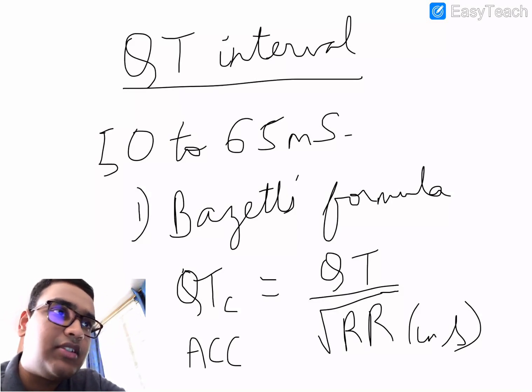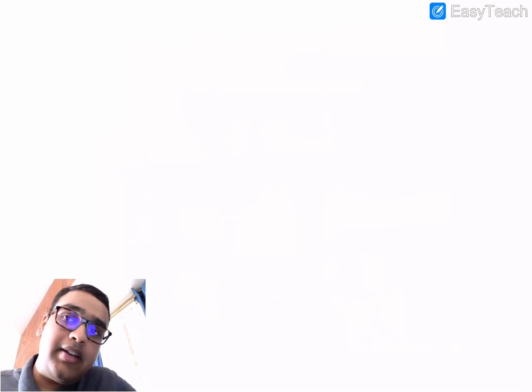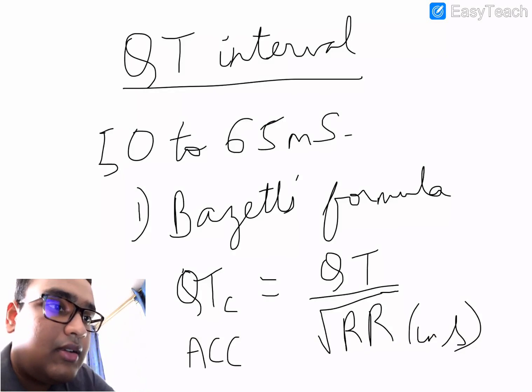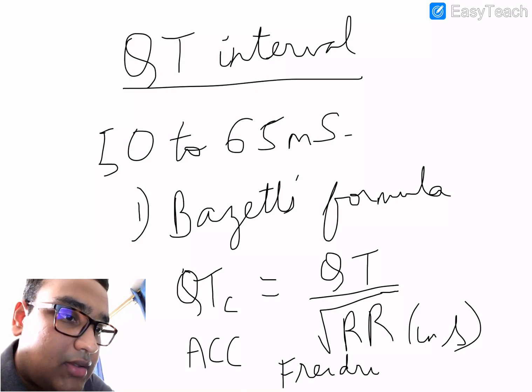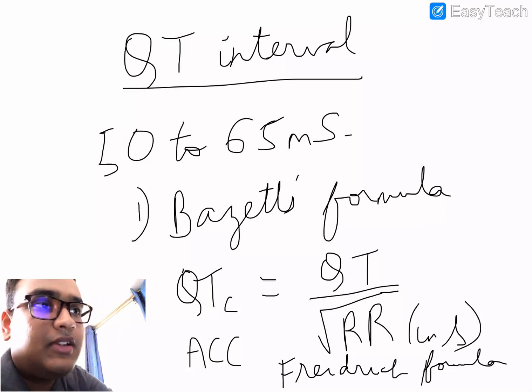It's not required for this level. And there's another formula, Fridericia's formula. Just remember the name. No need to learn the formula. So this is important. Bazett's formula is important.